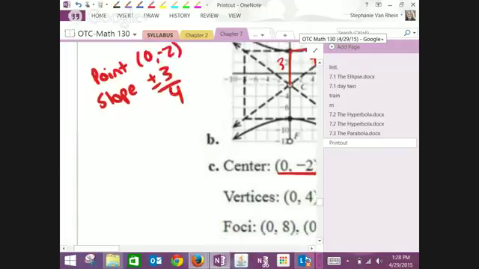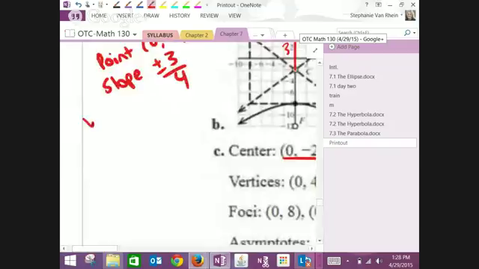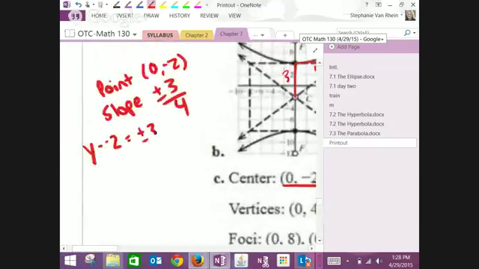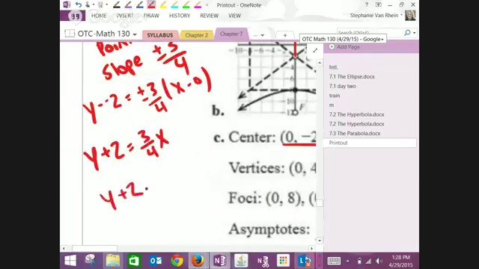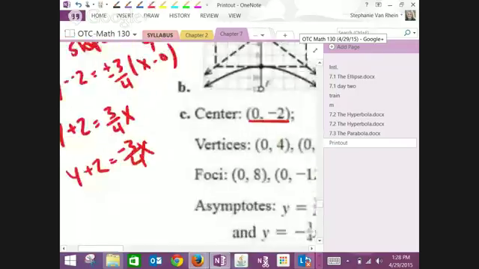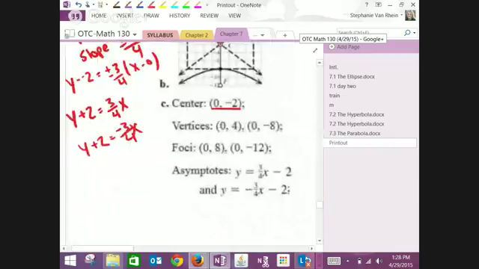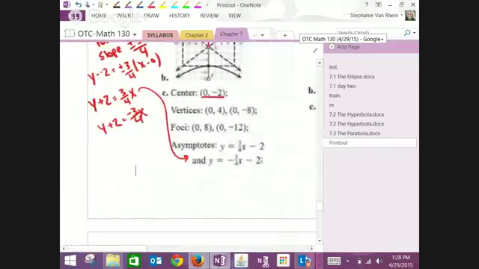So I have y minus minus 2 equals plus or minus 3 over 4 times x minus 0. So this would be y plus 2 equals 3 over 4x, or y plus 2 equals minus 3 over 4x. The equations of the asymptotes here are a little bit easier to calculate because the x point is 0. If I subtract 2 from both sides, I get this equation and this equation.